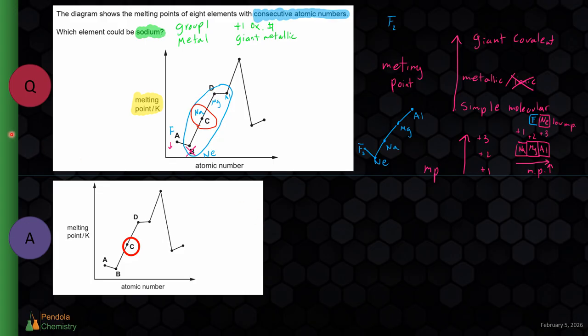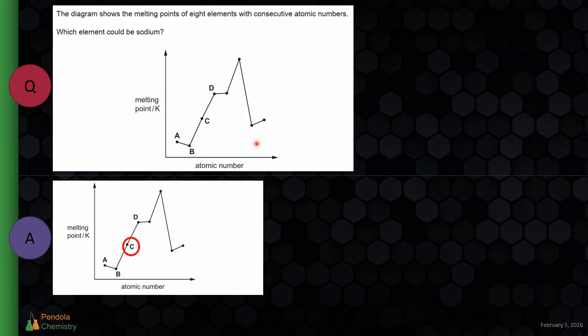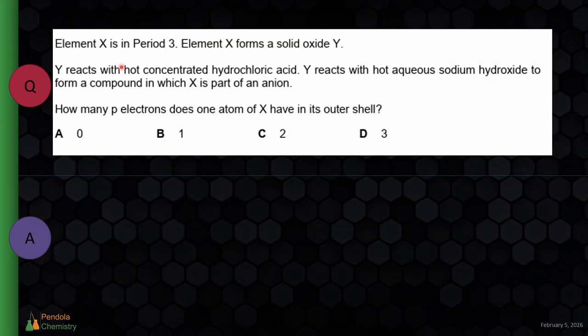So here's an example of a paper 1 question that you could see. Let's get another one. Another example of a paper 1 question like this one uses, instead of physical properties, chemical ones. The question we just saw earlier used a physical property, melting point, but this one uses chemical reactions to essentially do the same thing. So if we read this, element X is in period 3.